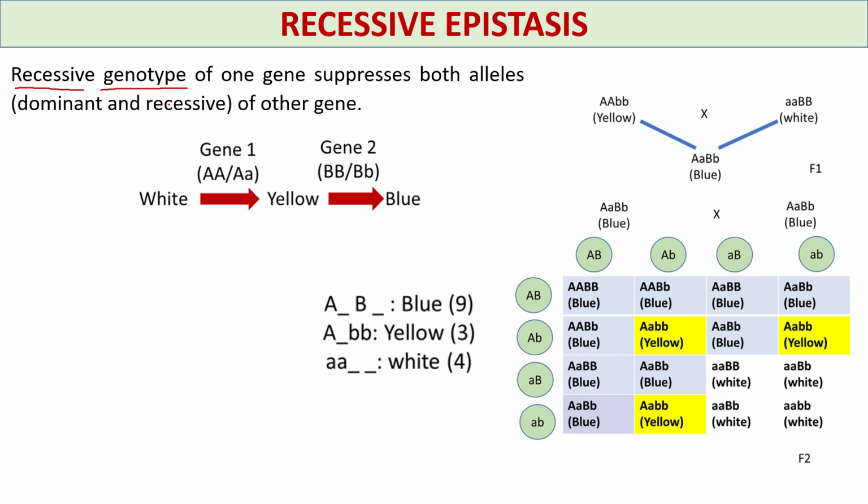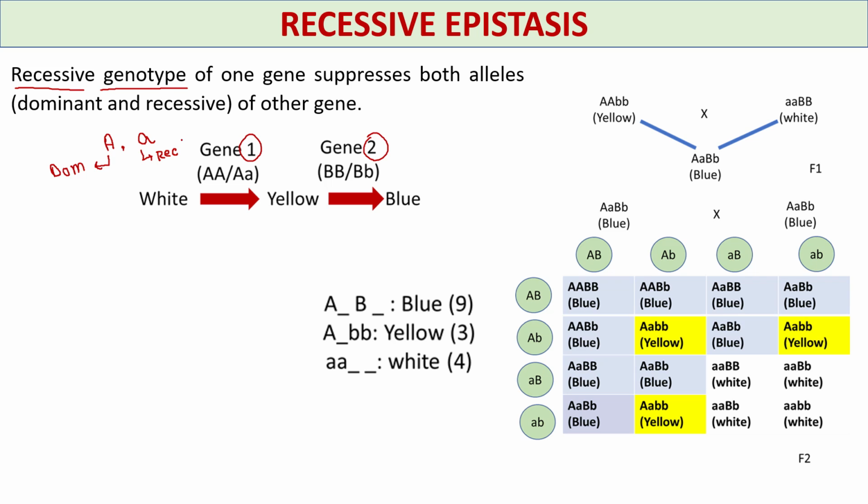Suppose a plant has two genes, gene 1 and gene 2. Gene 1 has two alleles, capital A and small a. Capital A is dominant, small a is recessive.